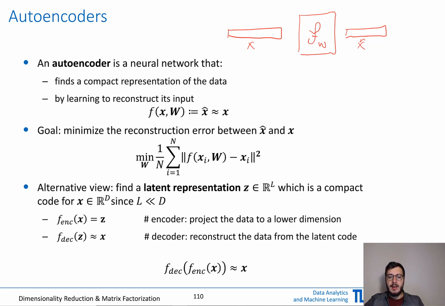The way this looks is written down here, where we're minimizing the familiar sum of squared errors between the input and the reconstructed input. However, now the key part is that the reconstructed input doesn't depend linearly on the original input, but in a nonlinear fashion. And this nonlinear dependence is implemented via the neural network.